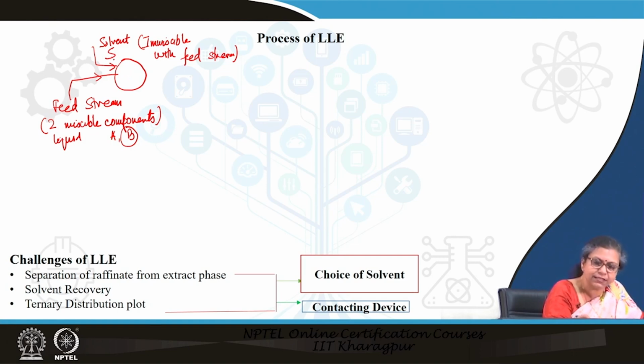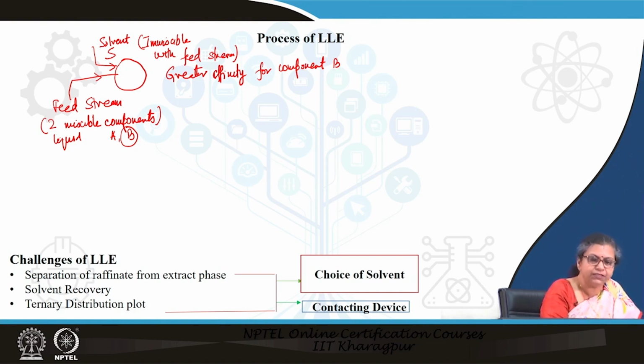S is immiscible with the feed stream and it has a greater affinity for component B. Naturally, component B diffuses from the feed stream to the solvent stream, or in other words, there is transfer of component B from the feed stream to the solvent stream.